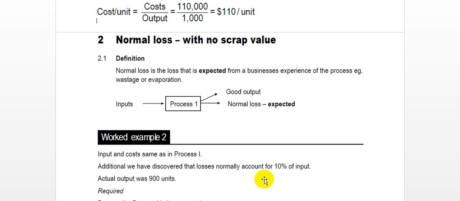The next is where you have a normal loss. And the normal loss has got no scrap value. Now, what is normal loss? Normal loss is a loss which is expected.